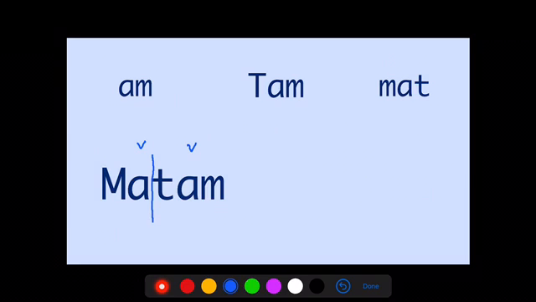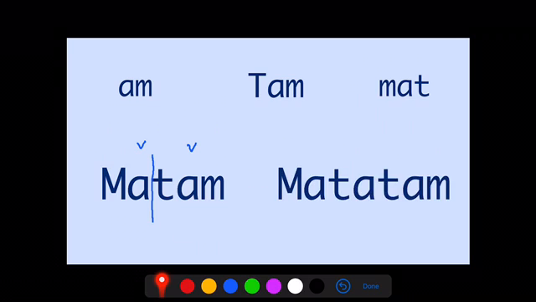And we think about what we can see. Well, I can see a single vowel letter right at the end of a syllable. So I know to say a. May. I can see a single vowel letter closed in by a consonant, so I know to say a. Maytam.